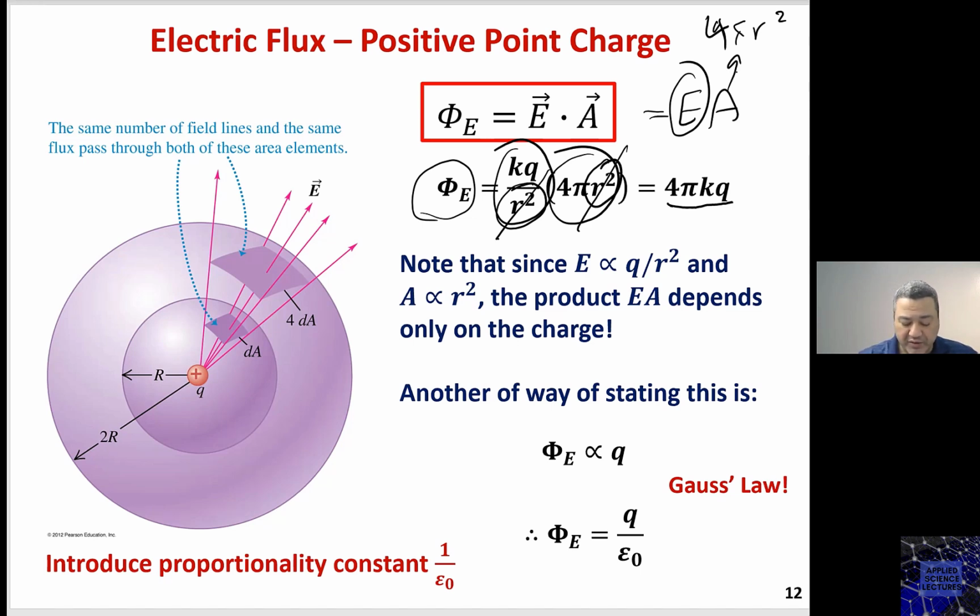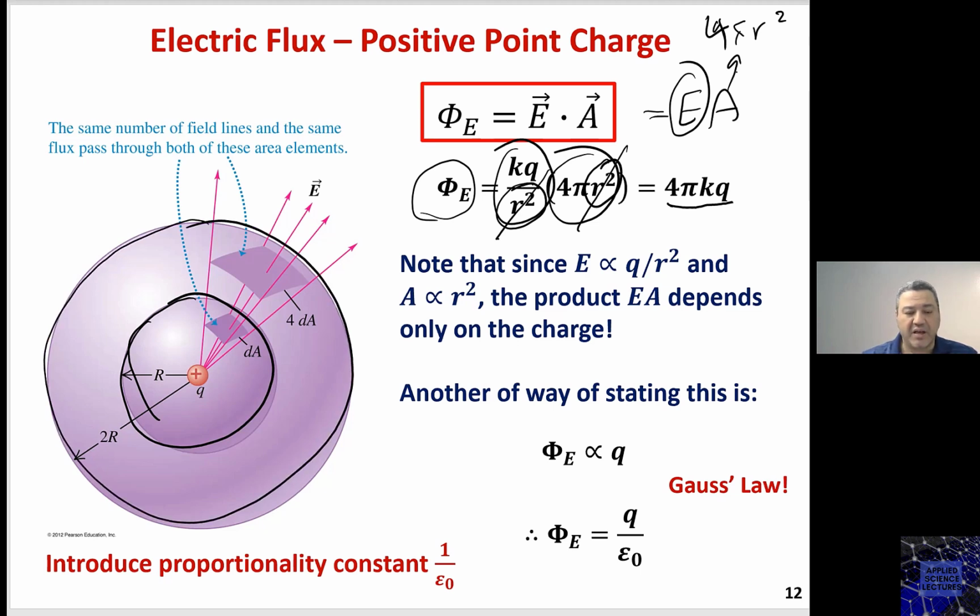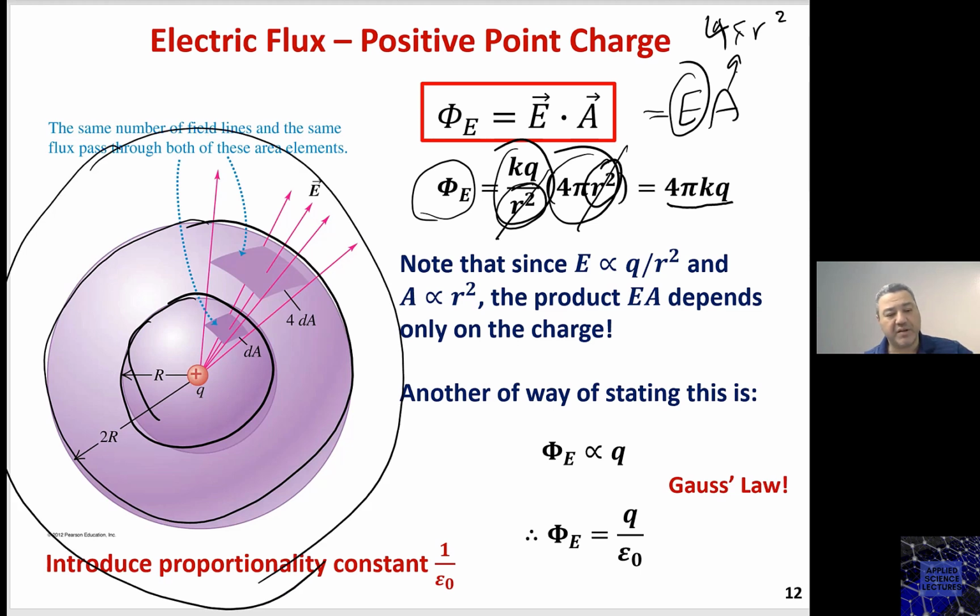In other words, this Gaussian sphere has the same flux as a bigger closed surface, and the same flux as another bigger closed surface. The flux does not depend on the distance of the Gaussian surface that you take.